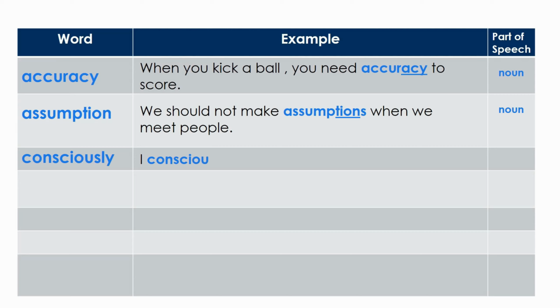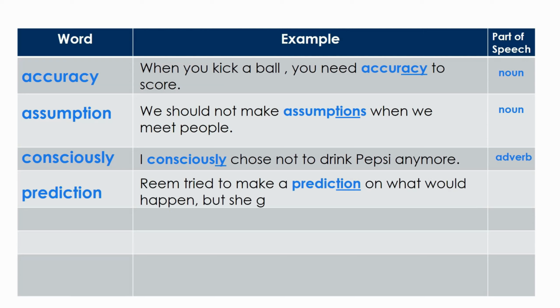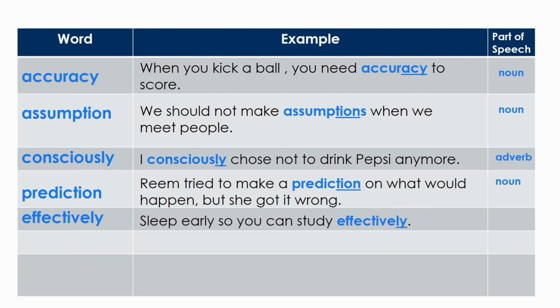Consciously. I consciously chose not to drink Pepsi anymore. Adverb because of -ly. Prediction. Reem tried to make a prediction on what would happen, but she got it wrong. -tion. This is a noun. Effectively. Sleep early so you can study effectively.